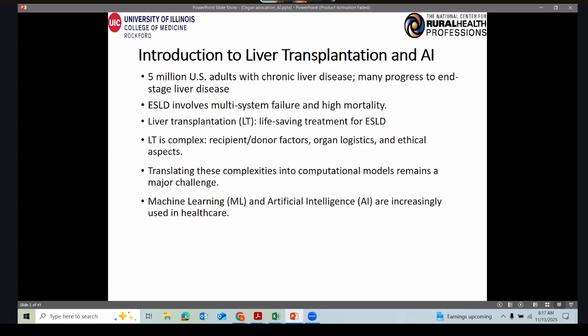Ultimately, AI and ML are helping us move from reactive decision making to more predictive and personalized care. This will support clinicians in making faster, fairer, and more data-driven transplantation decisions.